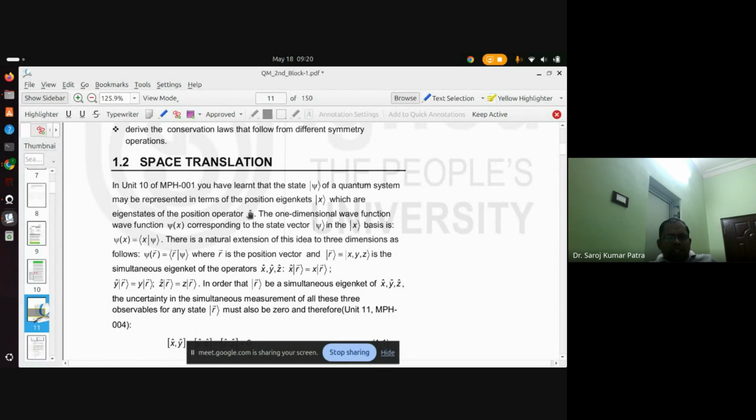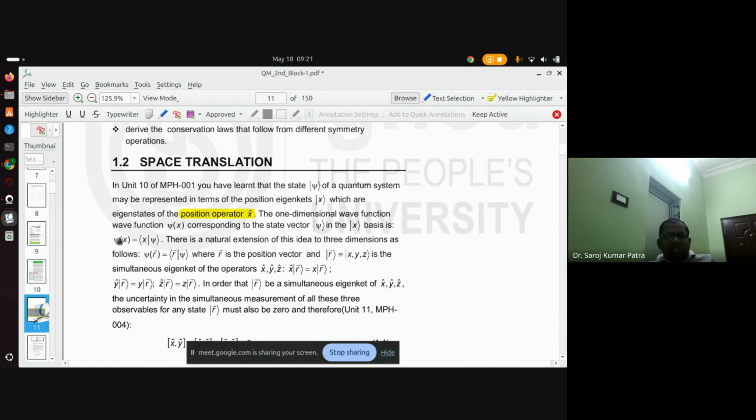So if we represent it by a position operator, x cap, in terms of bracket notation the state is represented as psi vector or psi ket. So ψ(r) will be equal to the bracket ⟨r|ψ⟩, which is nothing but representing that we are at position vector r operating on ψ.